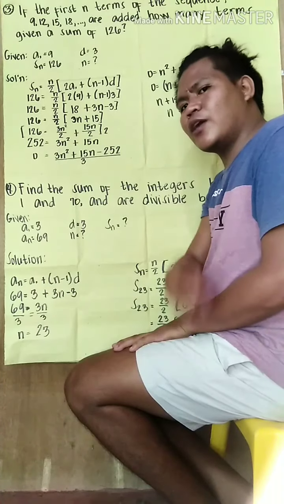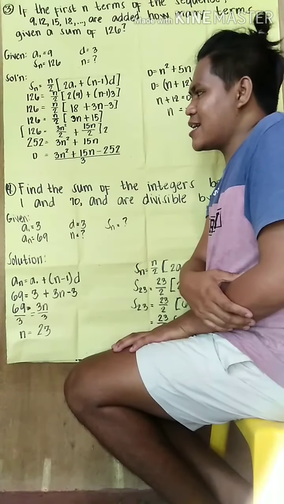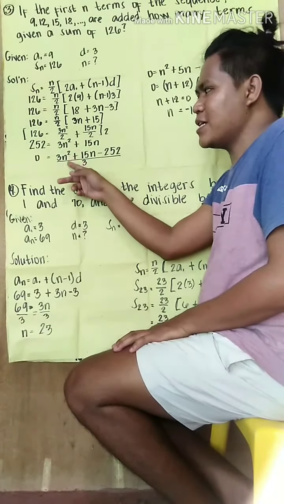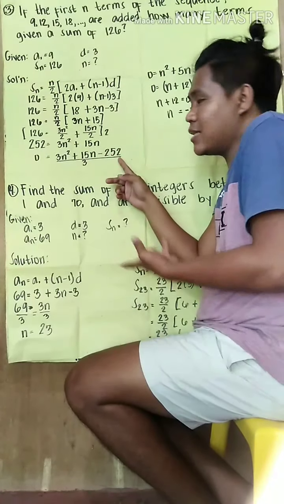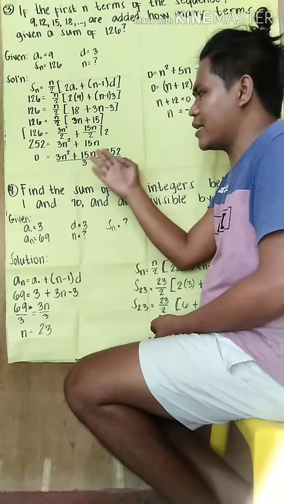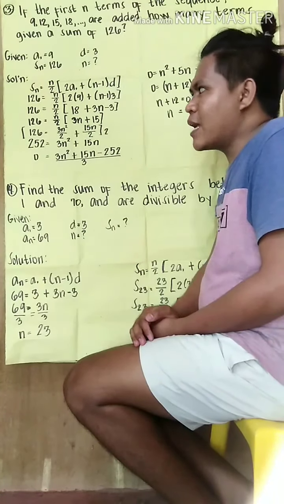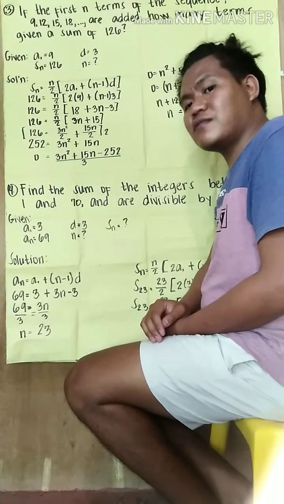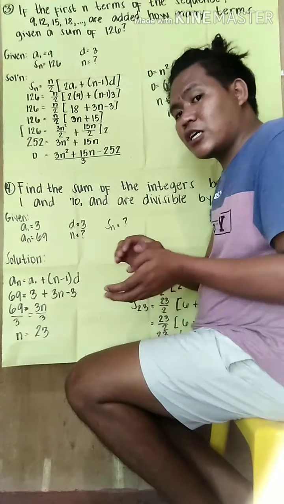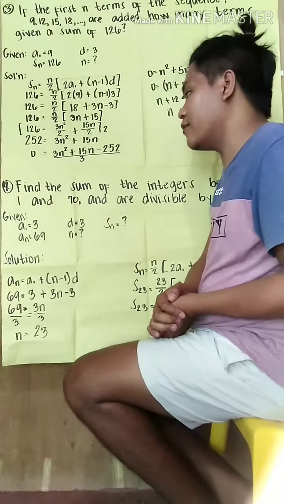And then equate that to 0. So 0 is equal to 3n squared plus 15n, then substitute 252 on the left side. So we have 3n squared plus 15n minus 252. Since you transpose the 252 to the other side, the sign changes into negative.